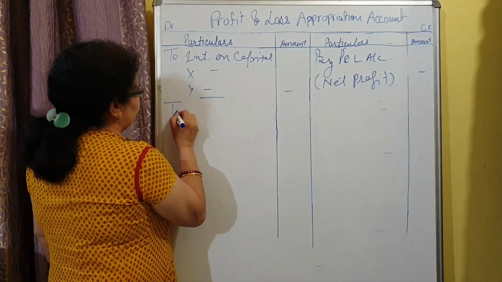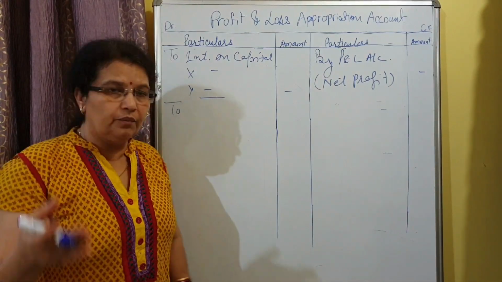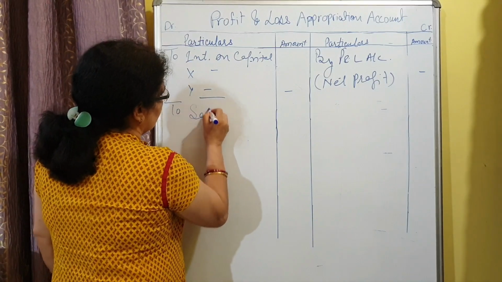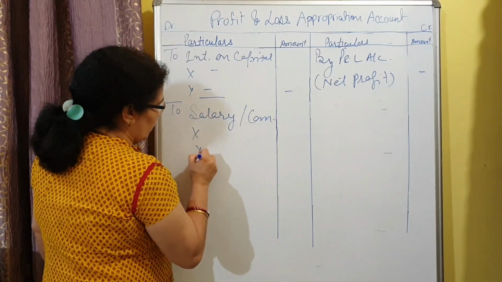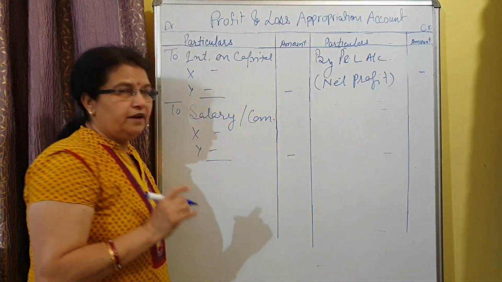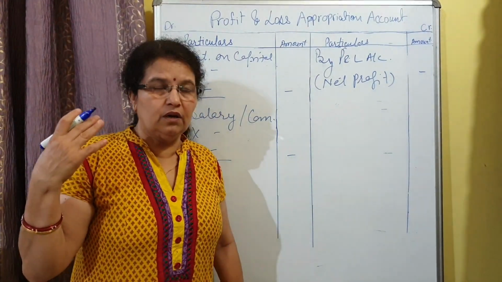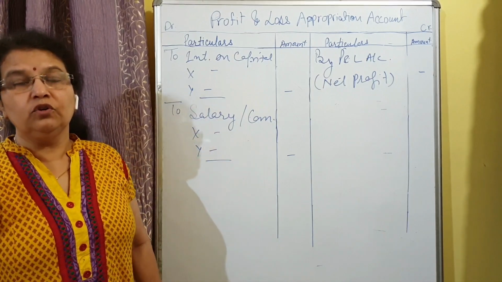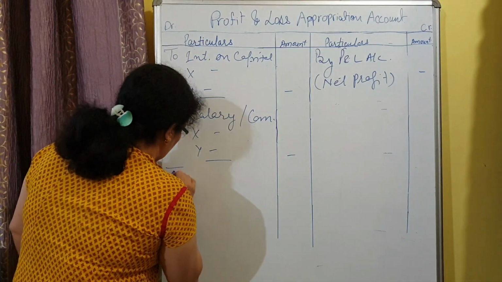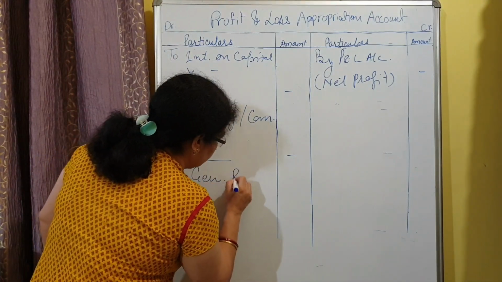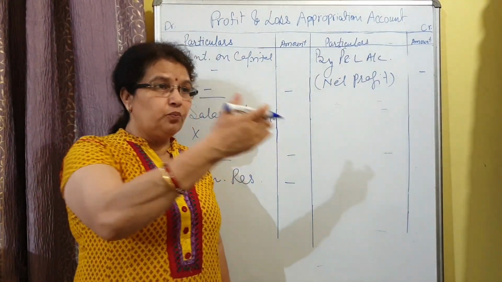Second thing, if a partner has a right to get salary or commission, then to salary or commission, X or Y, and the total of the salary or commission amount. After it, if the partners have decided to create a general reserve, then to general reserve, the amount.